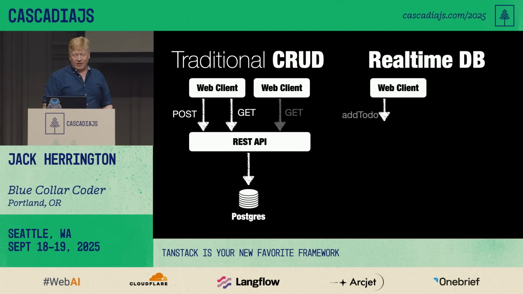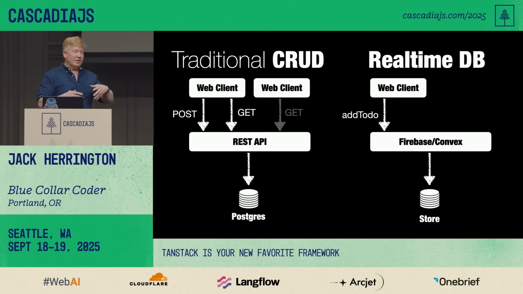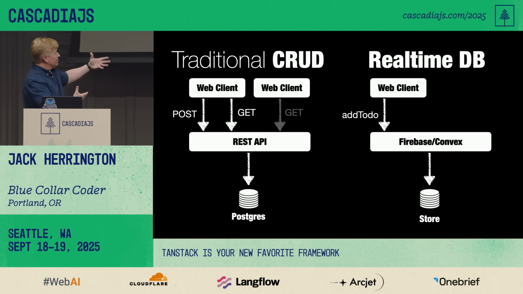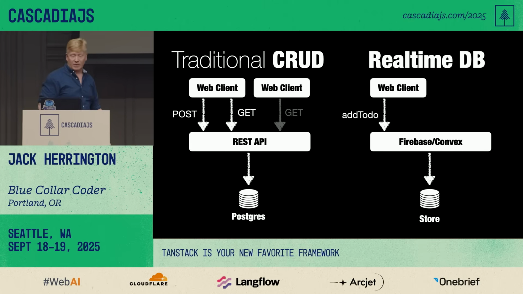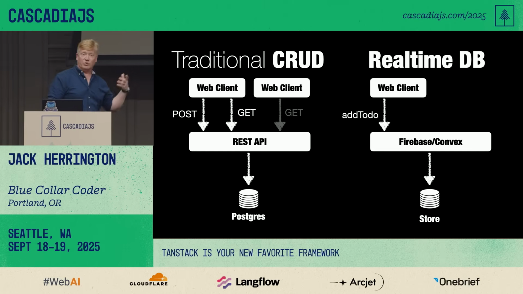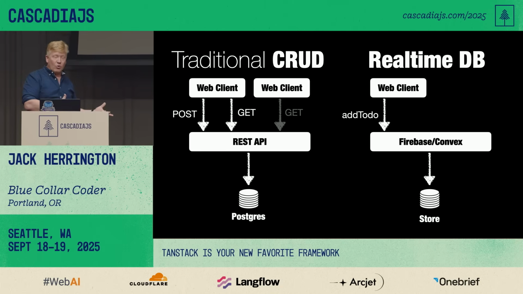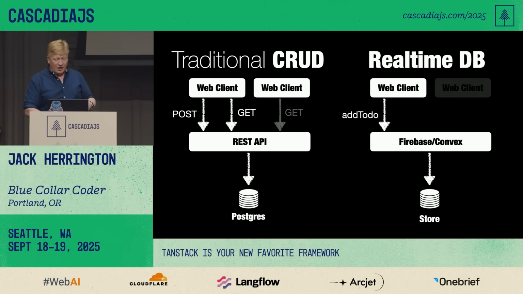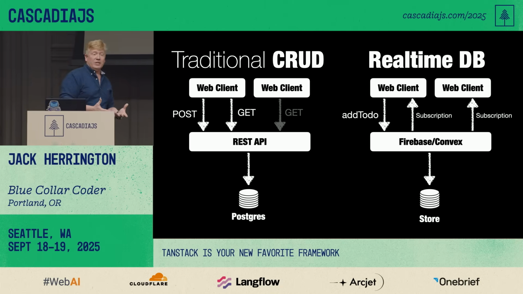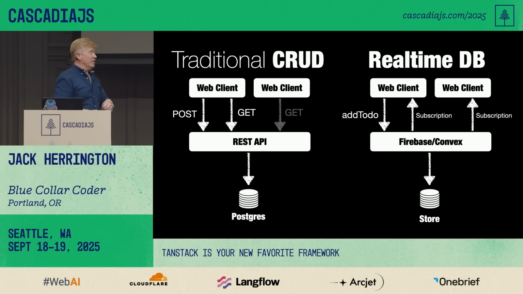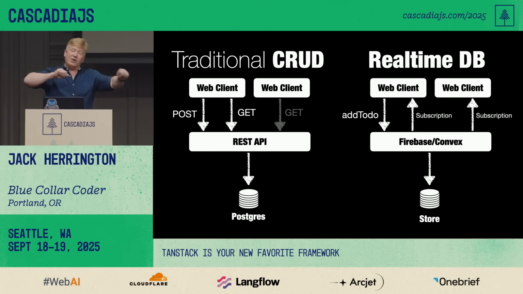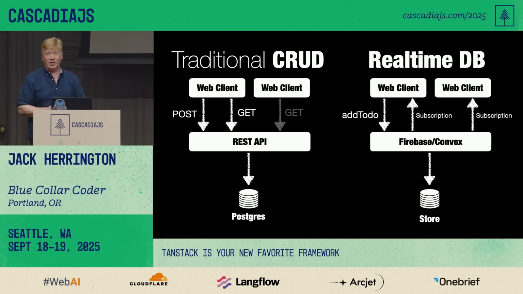What real-time DBs allow you to do is they allow you to go and create functions or mutations like add to-do. They connect to real-time DB services, like in this case, Google's Firebase or Convex, and they manage a store. And then on the client, you actually subscribe to the query that says, okay, I want all those to-dos, and it manages publishing out the changes to all of the different web clients that are looking at that.